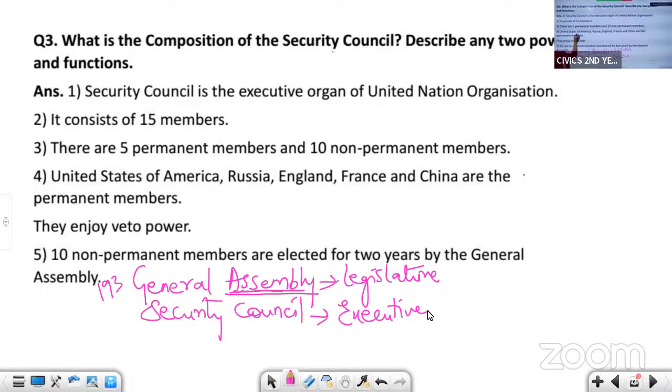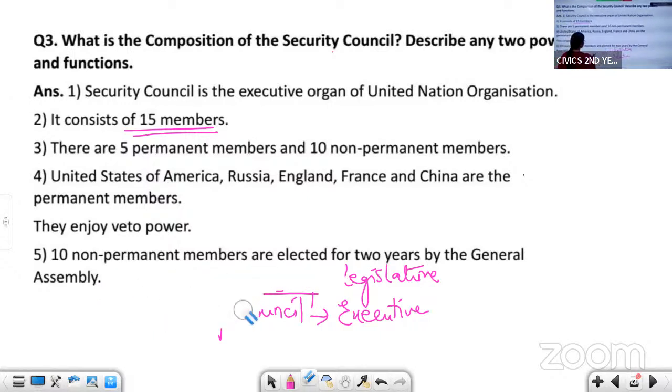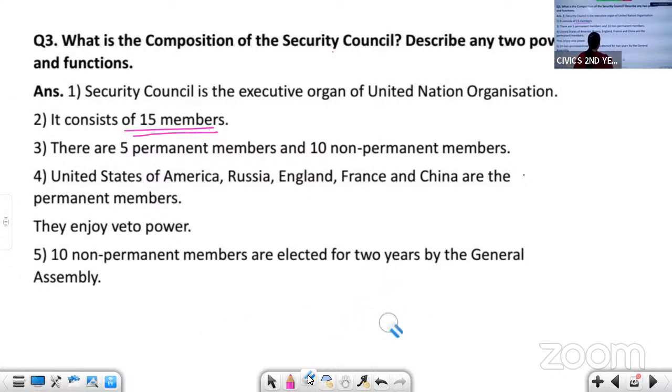The Security Council consists of 15 members. That means 15 countries are members of the Security Council. Out of those 15, 5 are permanent and 10 are non-permanent.